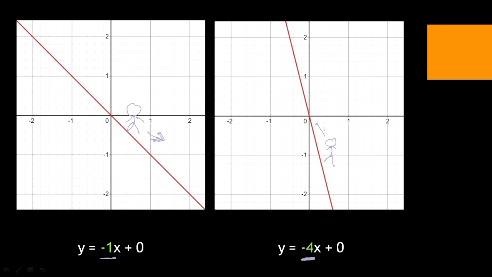So this is even more steep in the downward direction. This is not as steep as this case where I have my slope as -4. It is very steep in the downward direction, whereas this one where the slope is -1 is not as steep as the other case. So yeah, that is slope for you, represented by the letter m.